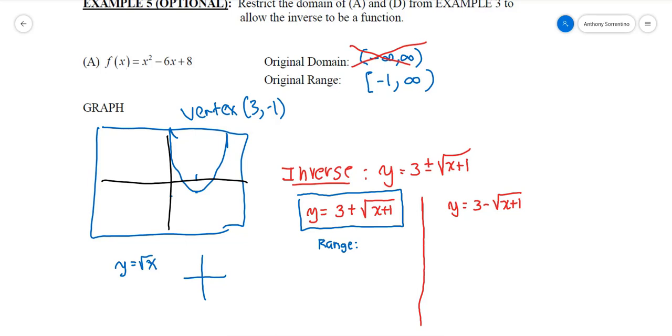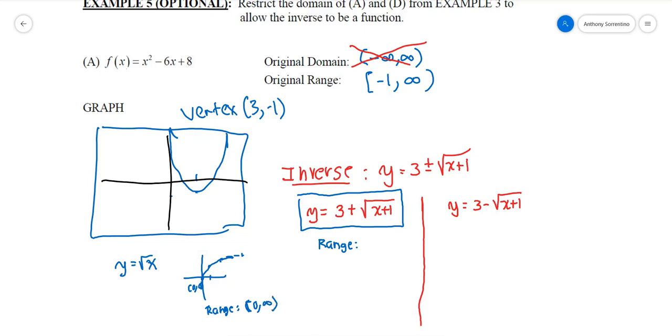We know y equals the square root of x starts at (0, 0). It's the lowest point. Then it has (1, 1), (4, 2), (9, 3), and so forth and so on. So we know that this has a range from 0 to infinity.